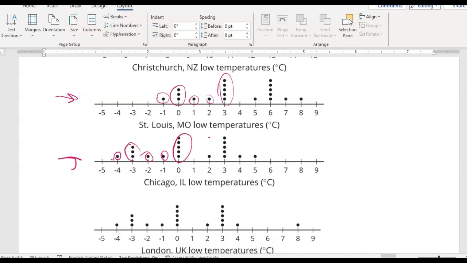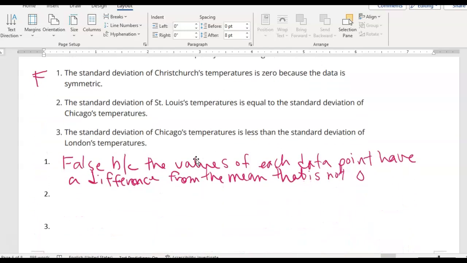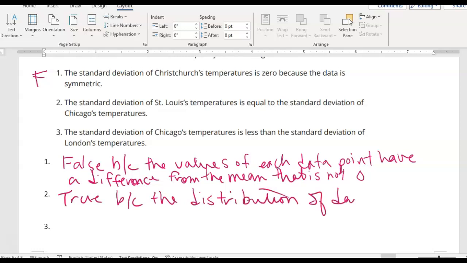So the distribution of data is the same. It's in a different place on the number line or the scale of temperature, but the difference of each of those values from the mean is going to be the same. And so the standard deviation is going to be the same because the distribution is the same. True, because the distribution of data is exactly the same.